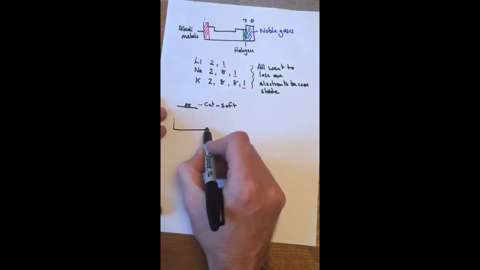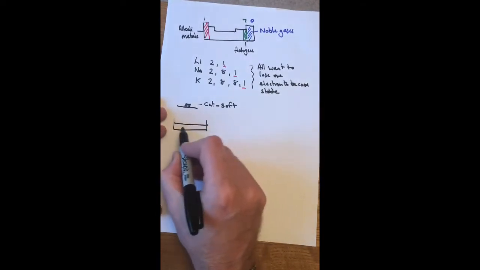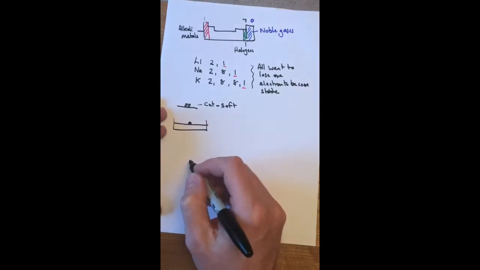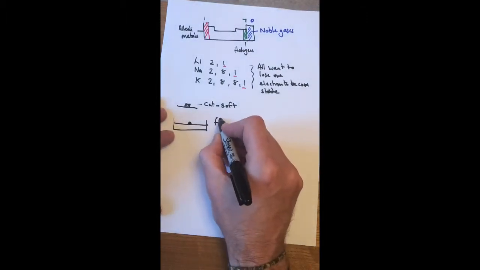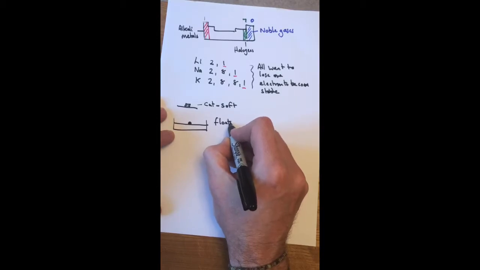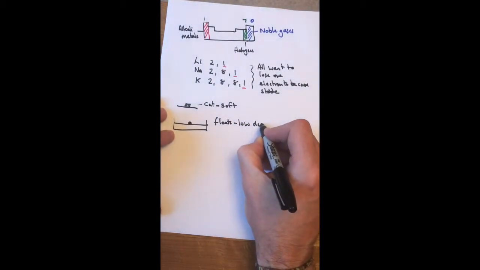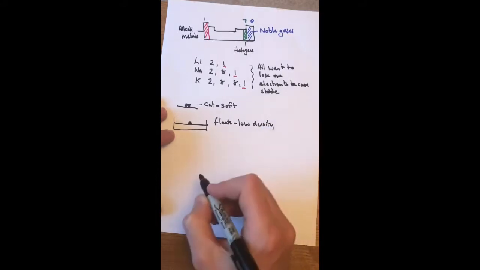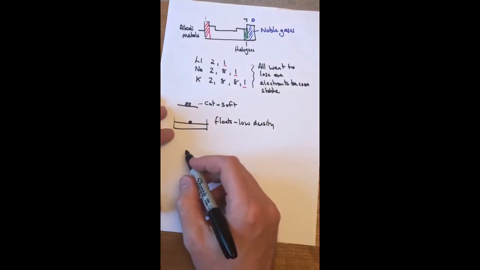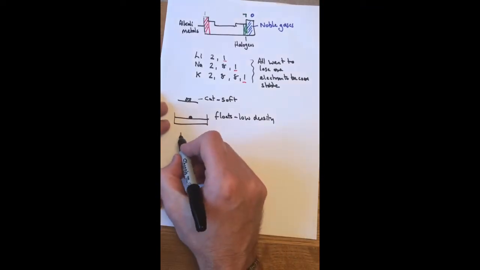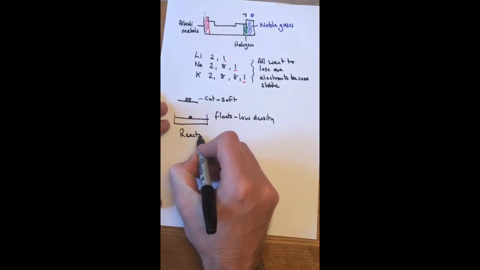We then, as part of this experiment, we put them into a big trough of water, and this metal floats on top of the water. So the fact that it floats tells me that it has a low density. So it's floating on top of the water, it's got a low density. Now once it's on the water, in contact with the water, that is when the reaction actually begins.